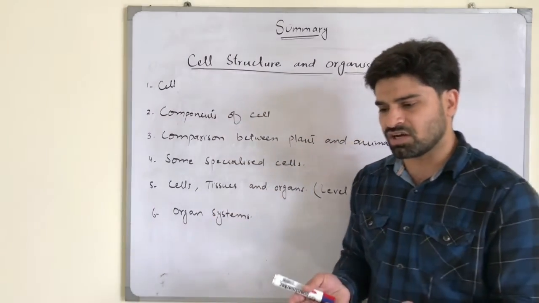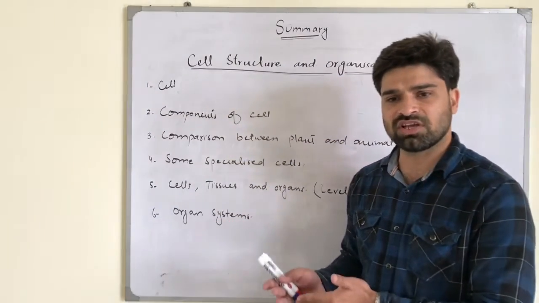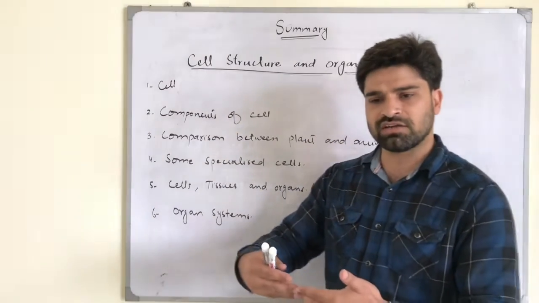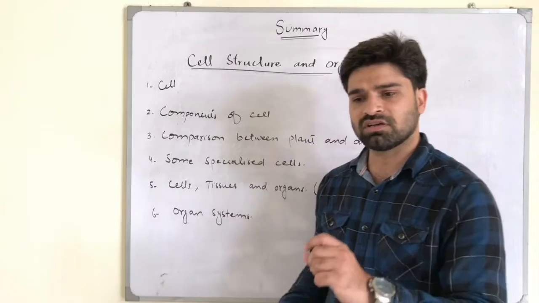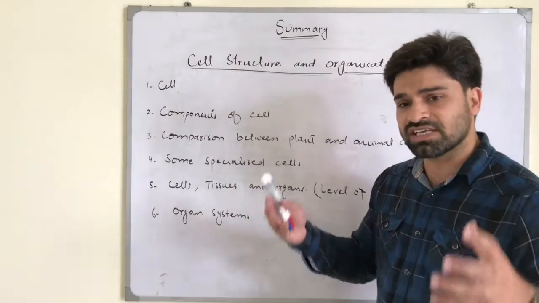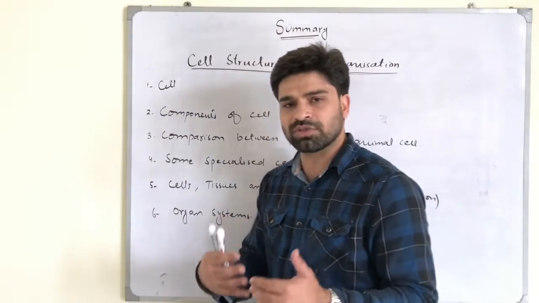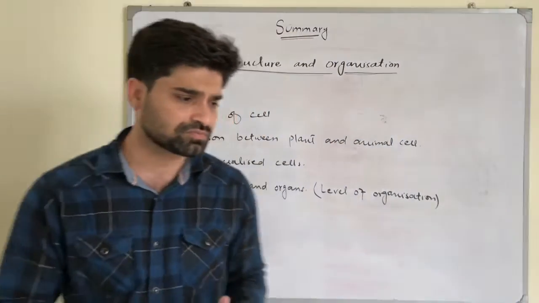So what are their adaptations? The xylem vessels are adapted to support and to transport the water, and their cells become lignified. Lignification is one of the adaptations of the xylem vessels.